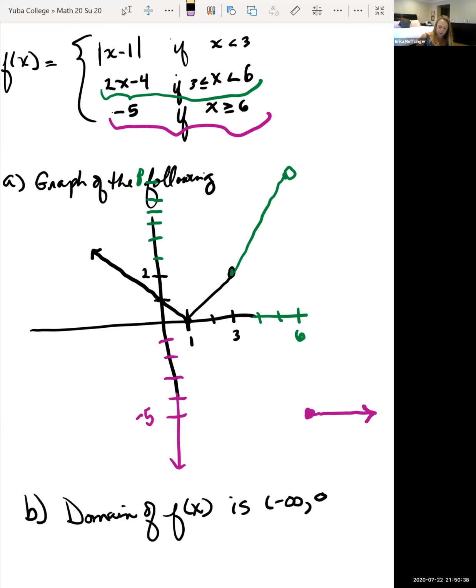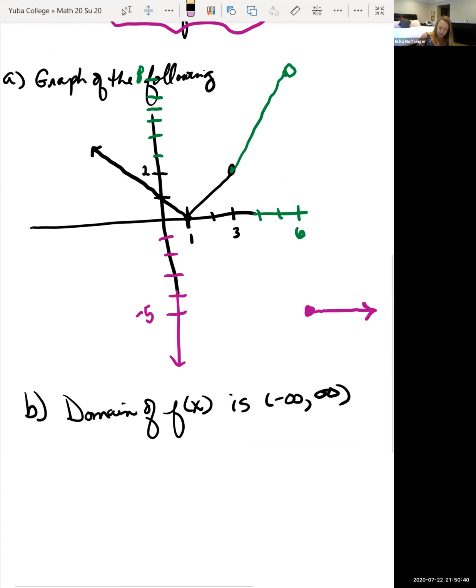If we wanted to find the range, well, looking at our graph, we can now tell what our range is. So notice ranges of the y values. Notice that we're hitting a y value of -5, but we don't hit any y value that is below -5.